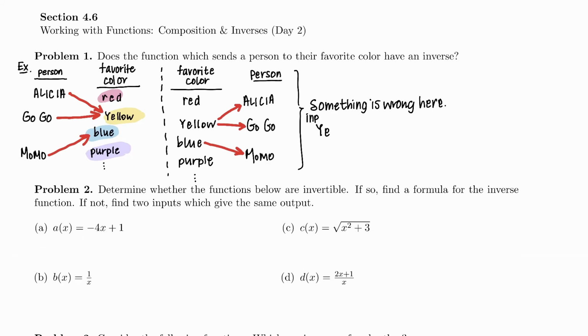So the input, yellow, has two different outputs. Alicia and Gogo. So remember that a function is such that each input has exactly one output.